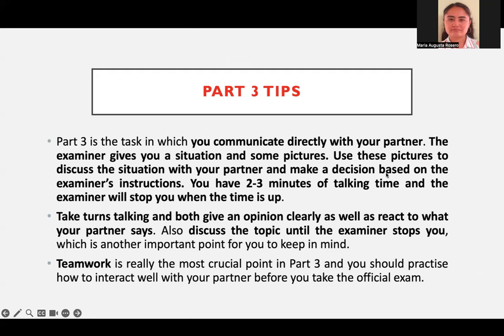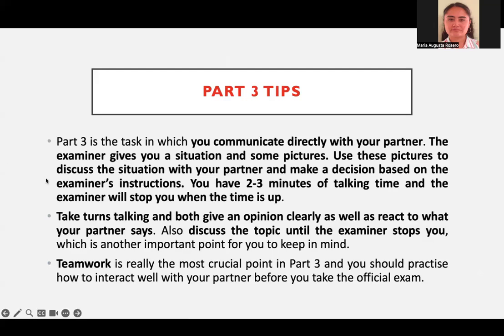This is based on the examiner's instruction. Yeah, because you don't have to invent the situation. Remember, the situation is given by the examiner. And based on his or her instructions, then you continue with the conversation. Don't forget interacting with your partner. And then you actually finish with a decision that you can make, in this case.